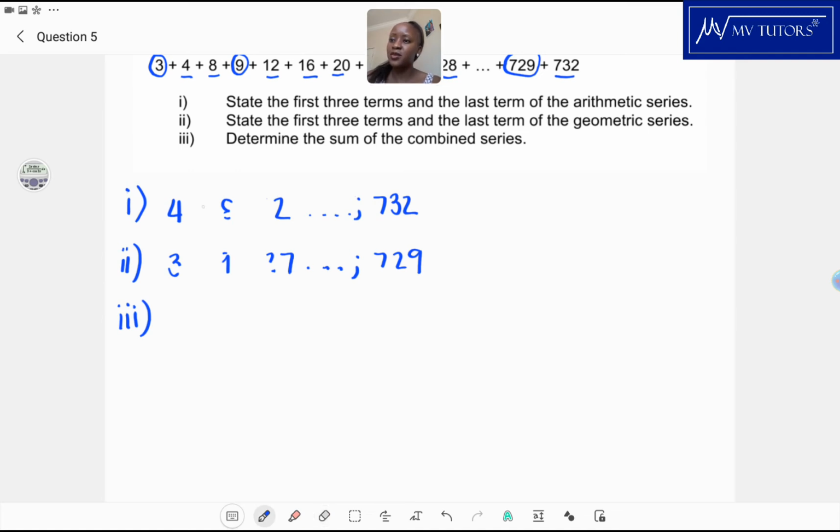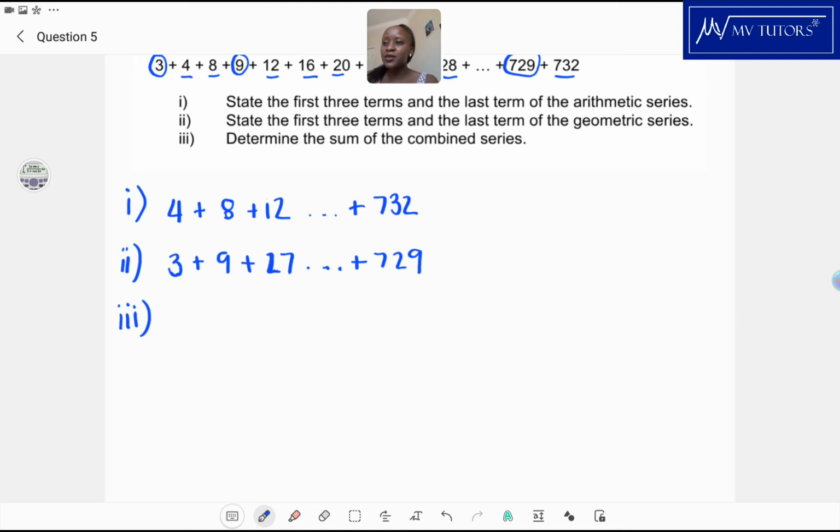Okay, so 4 plus 8 plus 12 and 3 plus 9 plus 27. Okay, determine the sum of the combined series.